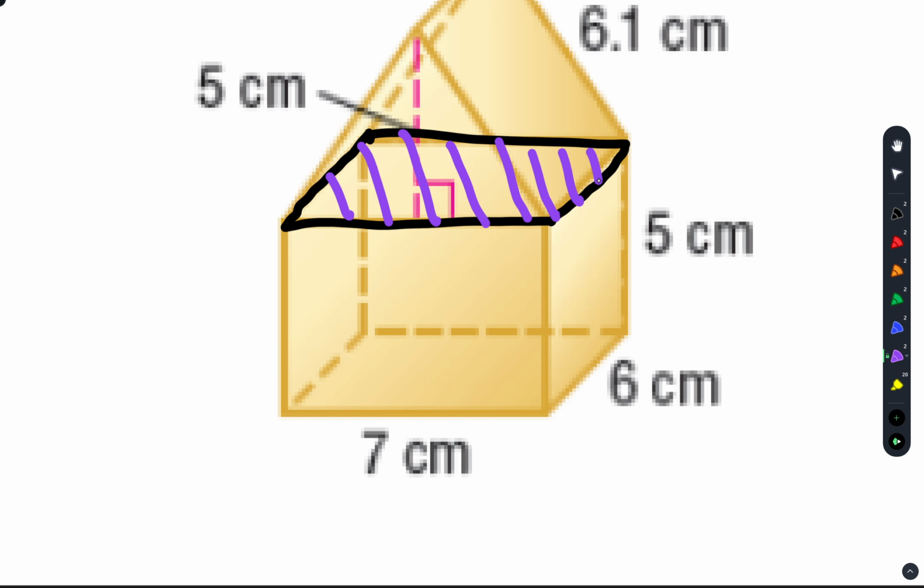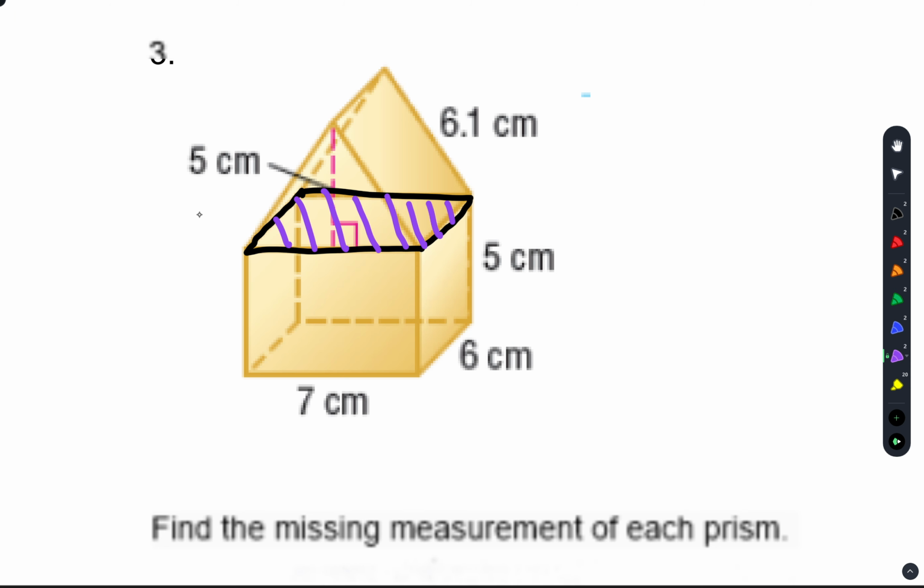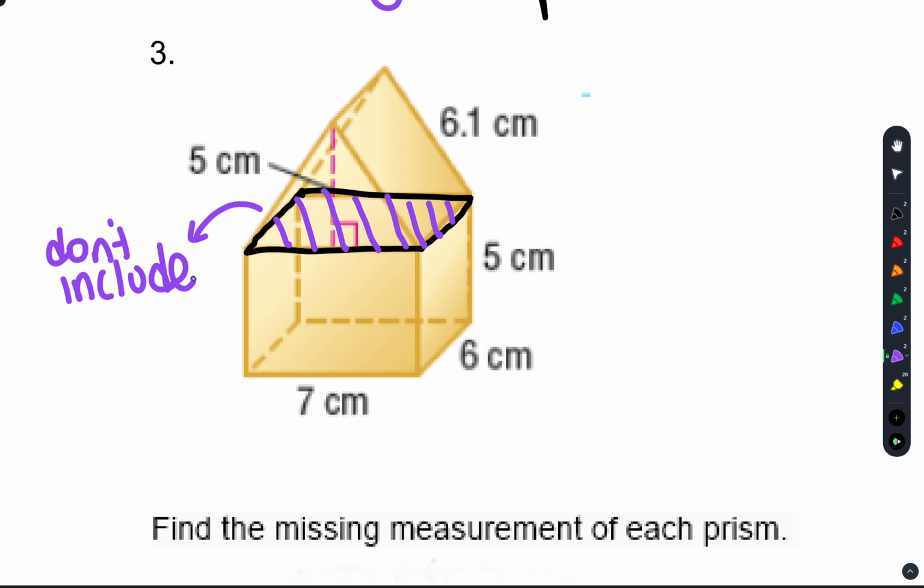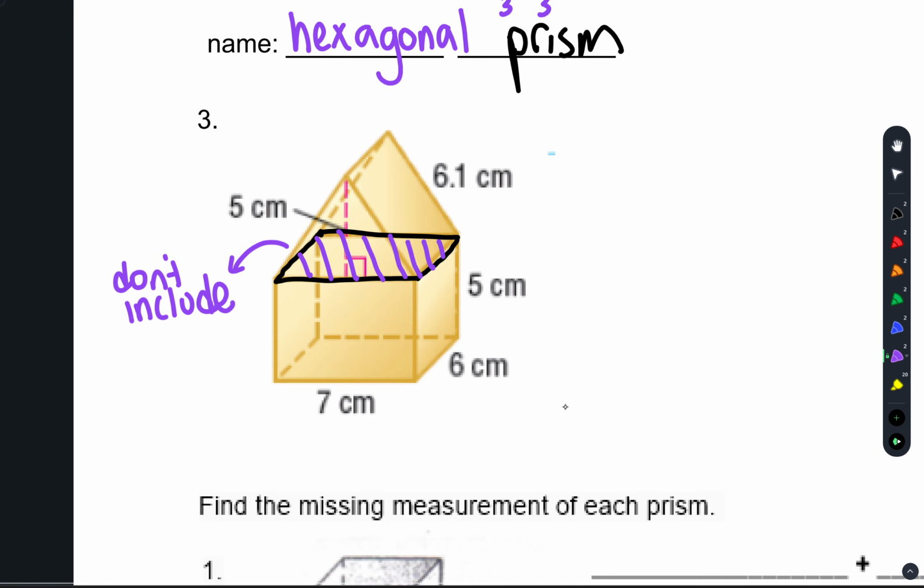Therefore, we can't include it in my surface area. That makes finding the surface area of this shape just a little bit harder. We have to do a little bit extra.